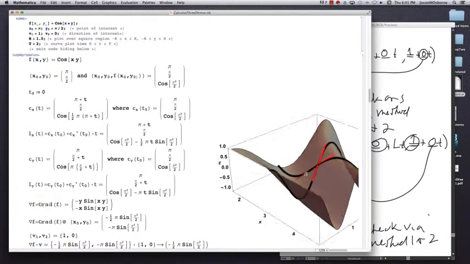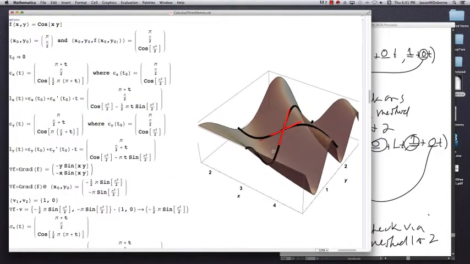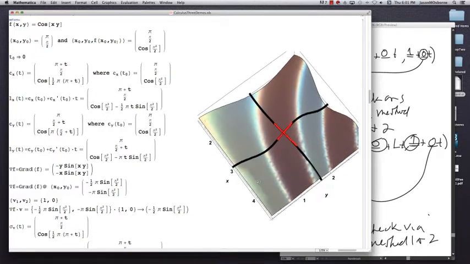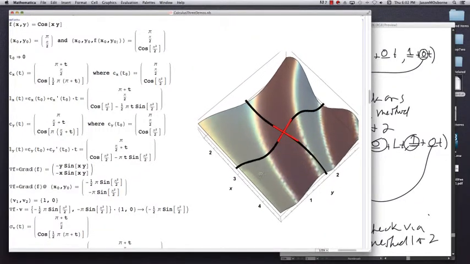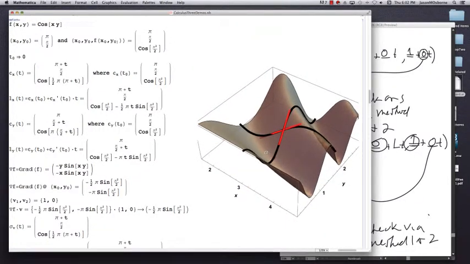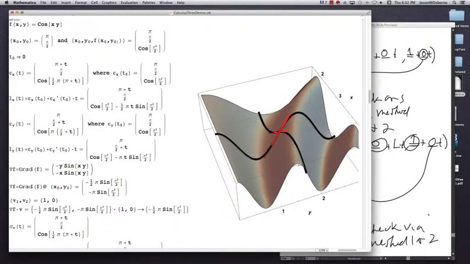Okay, and there we go. There again are your curves from the top. They look like straight lines through the point that you're interested in, but when you show the curves on the surface, there are these squiggly black lines. Here's your curve in the y direction. Here's your curve in the x direction.